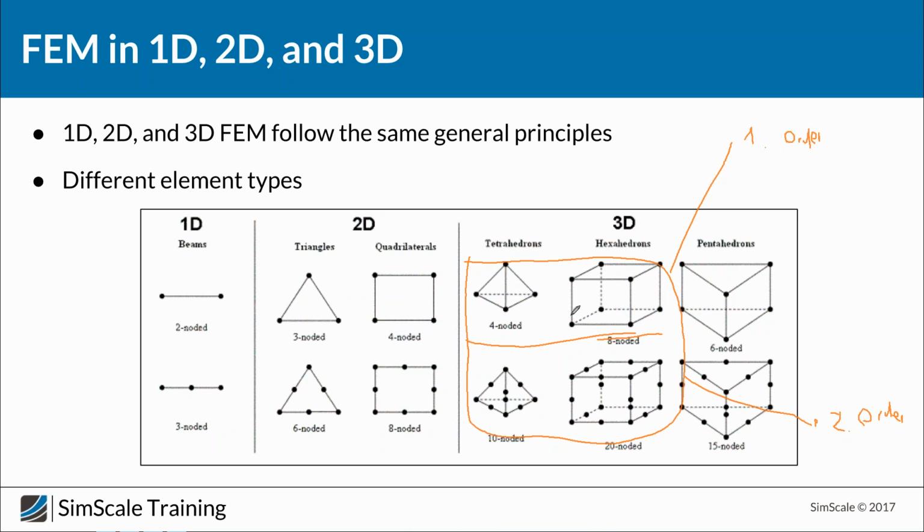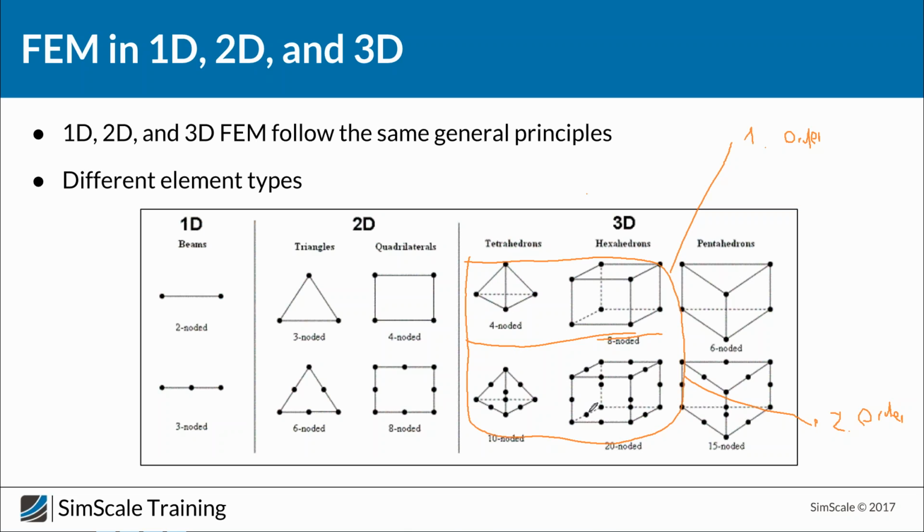And one thing which is very important when you think about these elements and how they should be distributed and sized: in the end of the day, you are just calculating the solution for every node, which means in between the nodes, your simulation will not give you any values. So you need to interpolate between.